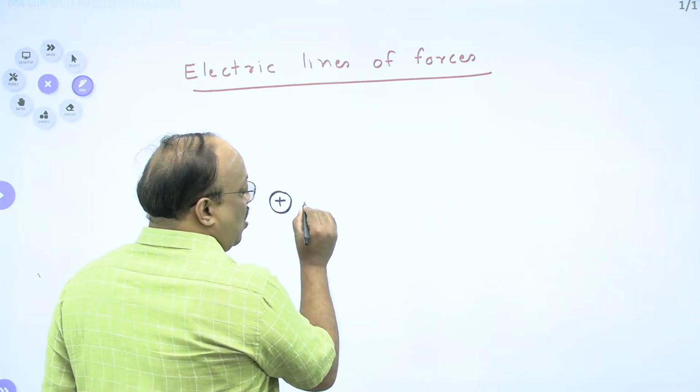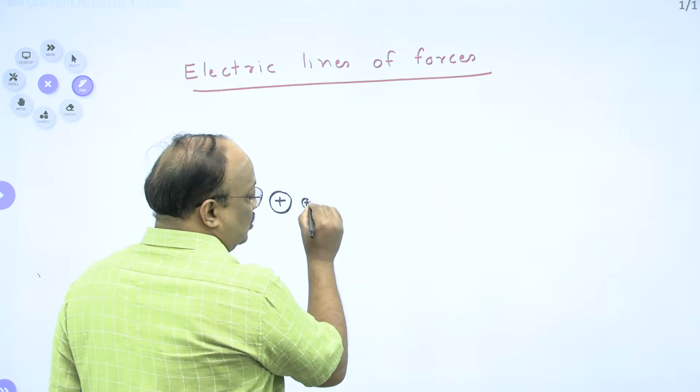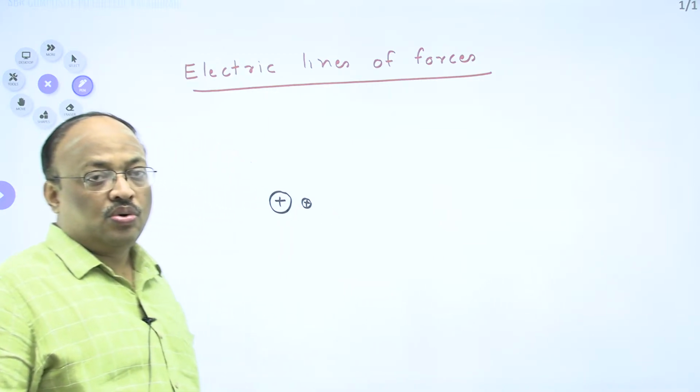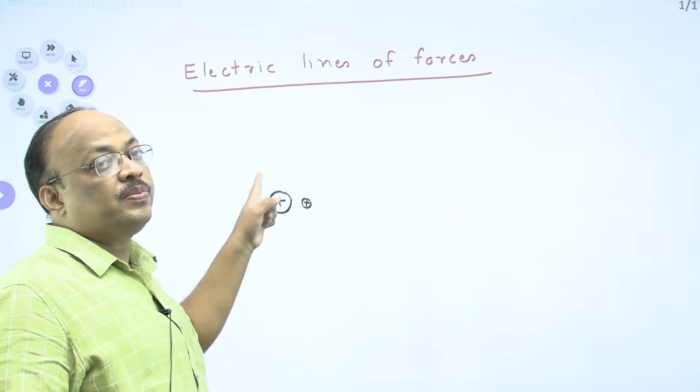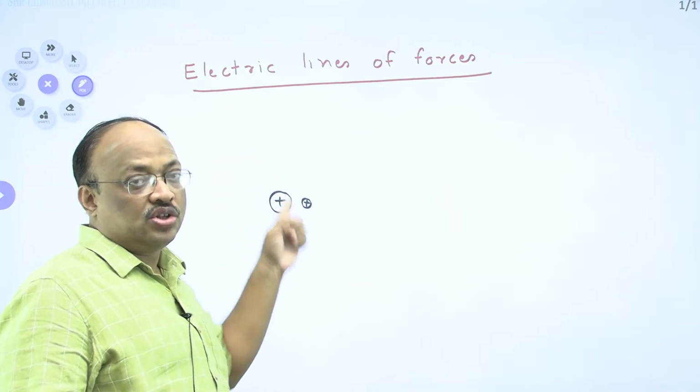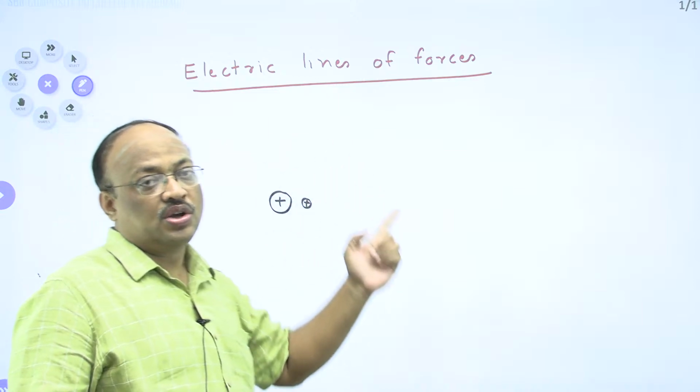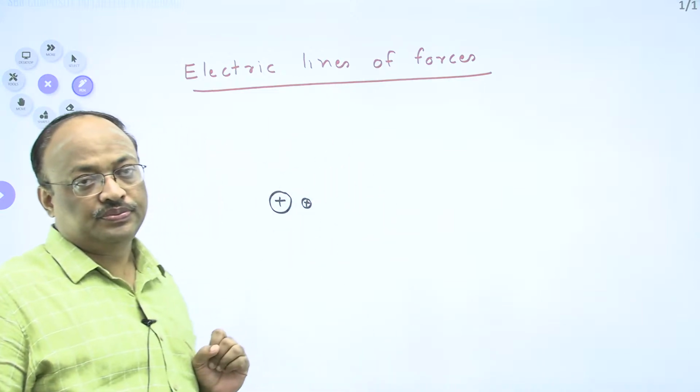We take a very small positive charge, whose effect should not be there on this source positive charge, whose electric lines of forces we want to draw.